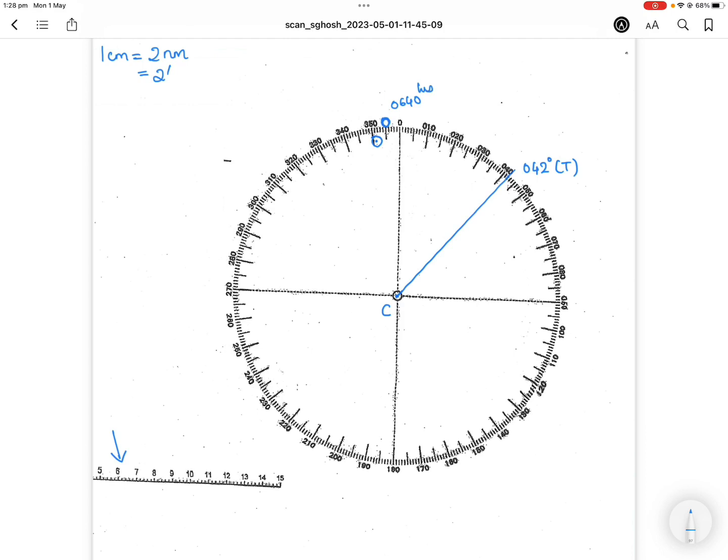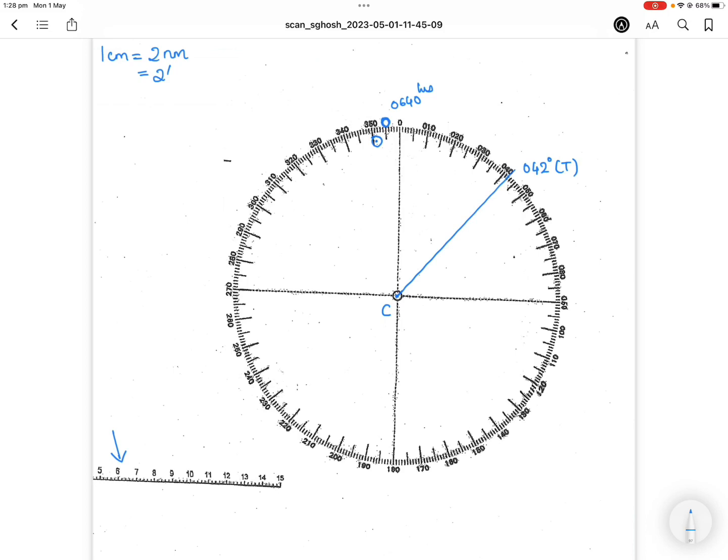I will orient my scale 355 going from C, and I will measure out 7.1 nautical miles depending on my scale. Because my scale is 1 centimeter equals 2 nautical miles, I will have to measure out 7.1 divided by 2, 3.55, which is kind of hard to get, but you know what I mean, so we'll do the best. Our answers might differ slightly, don't worry about it. As long as we've got the process in hand, that should be good enough.